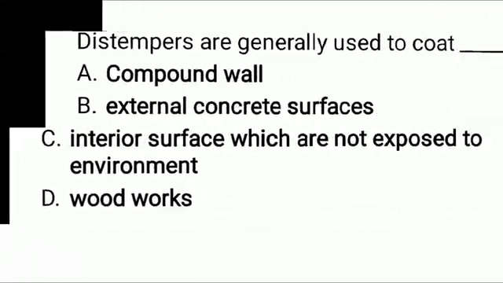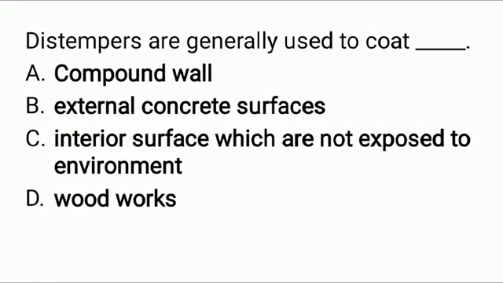Next question. Distempers are generally used to coat. Distemper is an early form of whitewash, right? As a decorative paint, it is easily marked and cannot get wet. It has been used since antiquity for painting walls and other types of house decoration and interior surfaces which are not exposed to the environment.